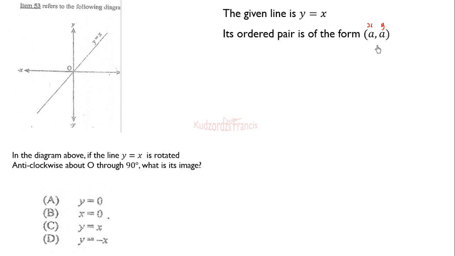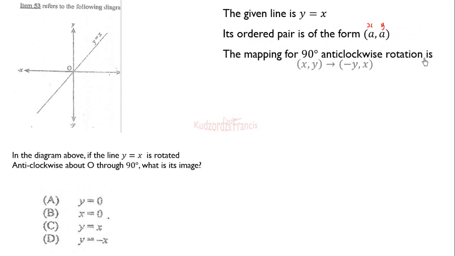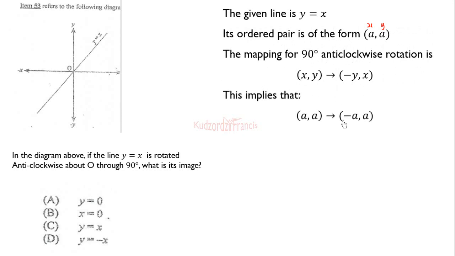Now let's proceed with the solution. The mapping for the 90 degrees anti-clockwise rotation is (x, y) maps onto (negative y, x). So we need to swap and negate the y coordinate. So we swapped and negate the y coordinate to get this.